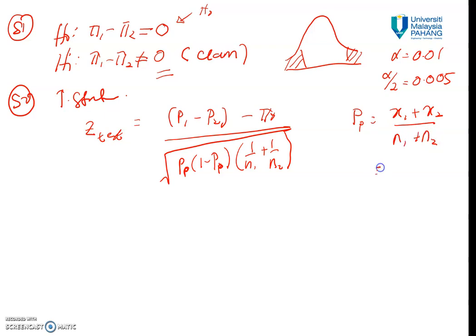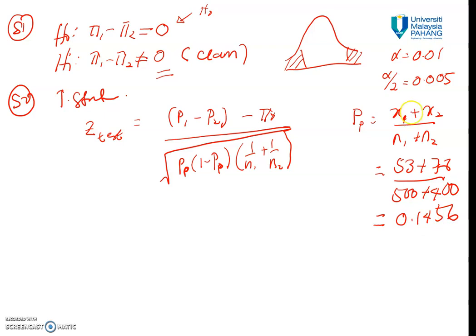From the previous video, we mentioned what x1 and x2 are; they come from model 1 and model 2. So you get 53 plus 78 divided by 500 plus 400, which gives 0.1456.